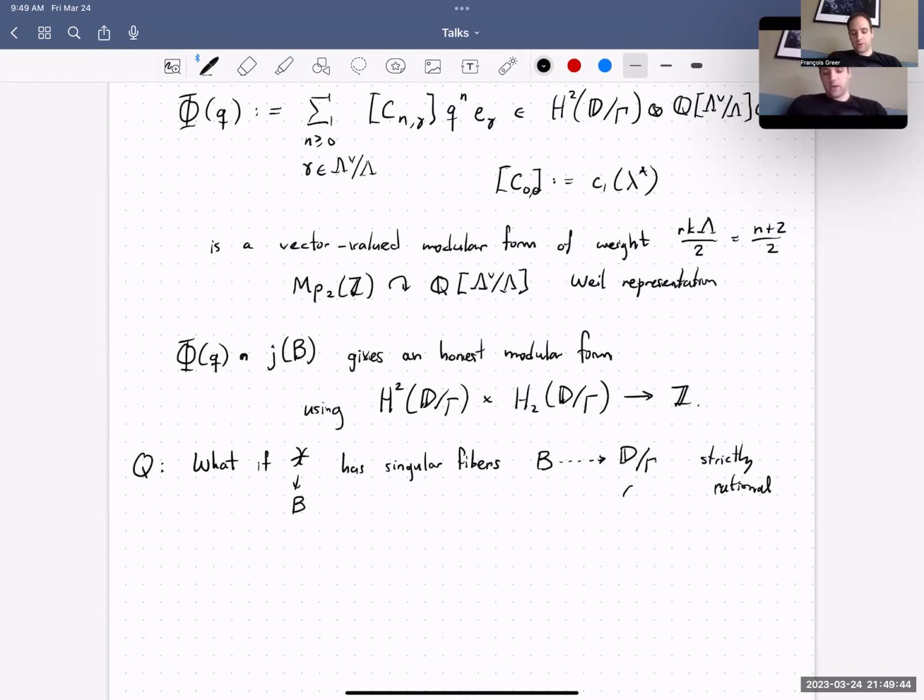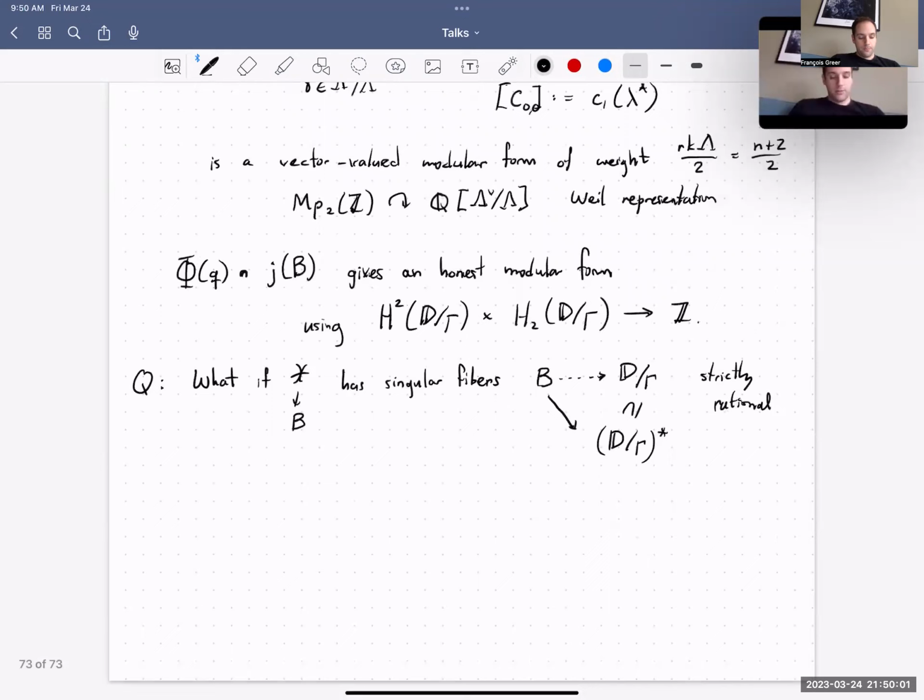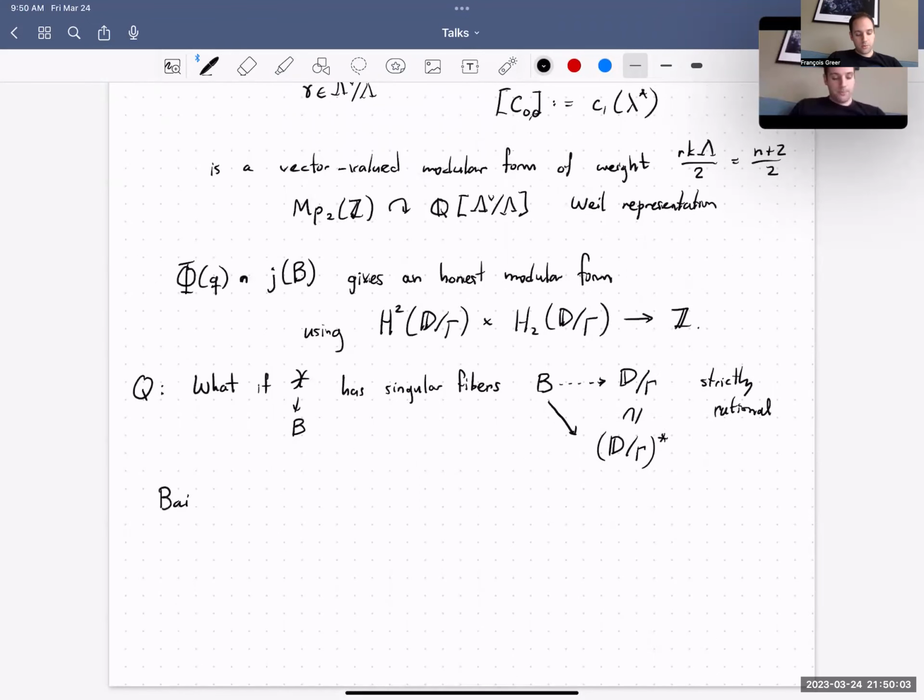One natural thing we can do is compactify D mod gamma. There's a sort of universal way of doing that due to Baily and Borel, and then extend the period map to this compactification. This is the Baily-Borel compactification.